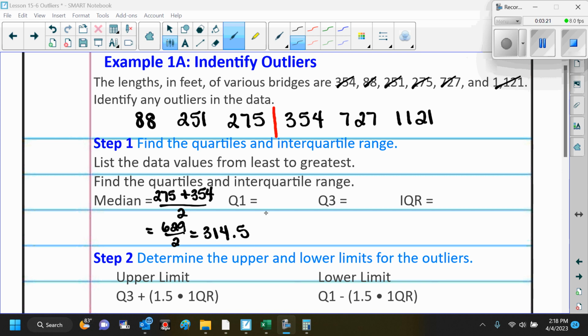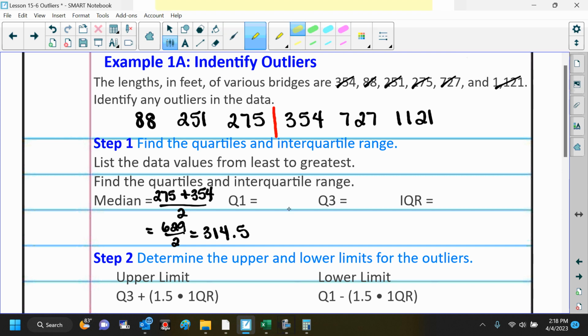Now we need quartile 1 and quartile 3, which means the median of the lower half and the median of the upper half. So we've got 251 is Q1, and Q3 is 727. Let's put that in our list.